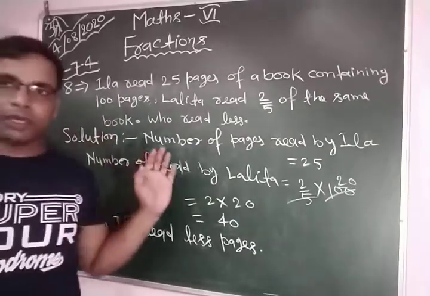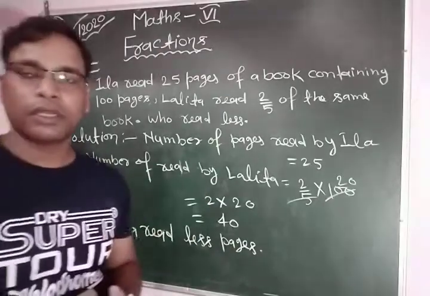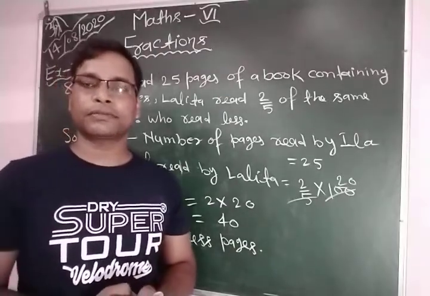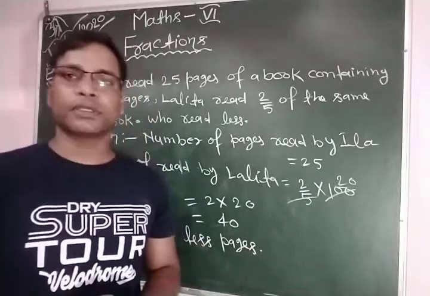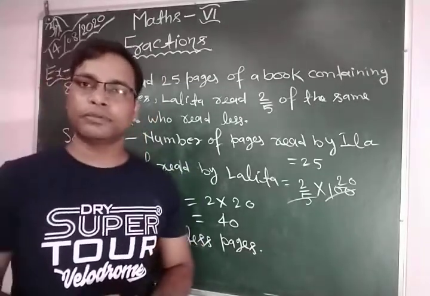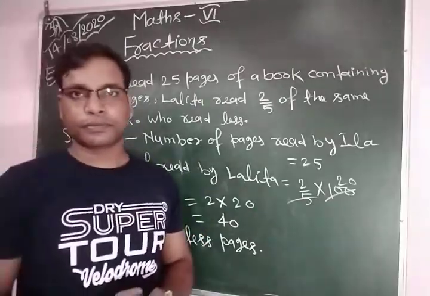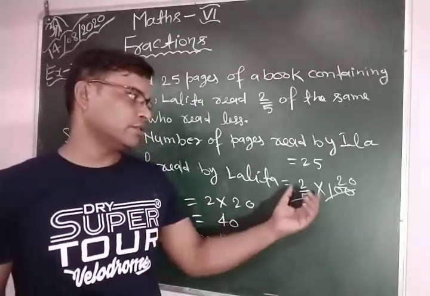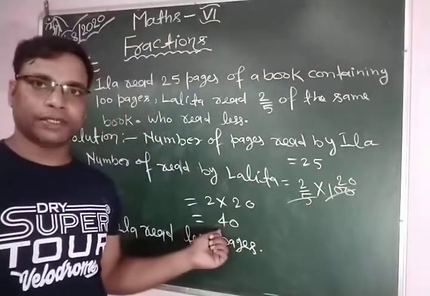So students, I hope all of you understood. The book has 100 pages. Okay, and Ila read 25 pages, and Lalita read 2 by 5 of the book. It means 2 by 5 into 100, which is equal to 2 into 20, which is equal to 40.